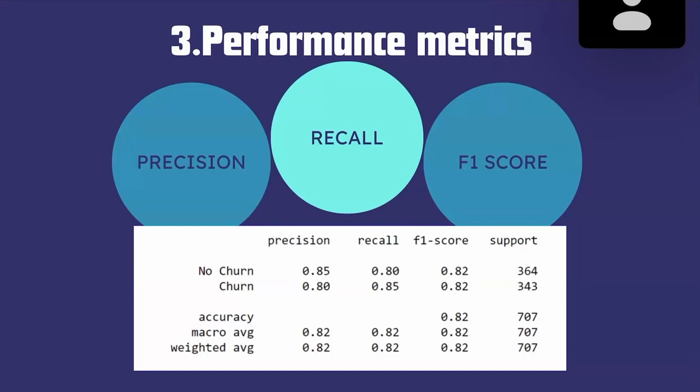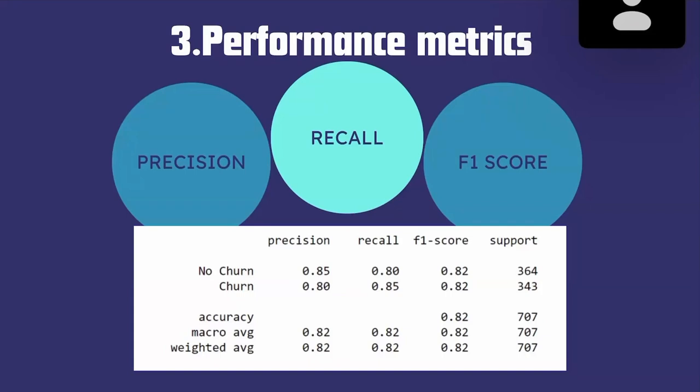And finally, the F1 score, which balances precision and recall, is crucial when there is a trade-off between minimizing false positives and false negatives. The random forest grid search model achieved an F1 score of 0.81, reflecting a good balance between identifying churn customers while minimizing false alarms.